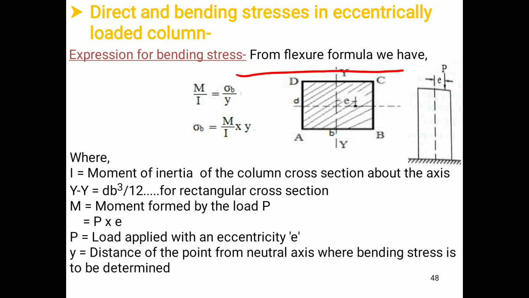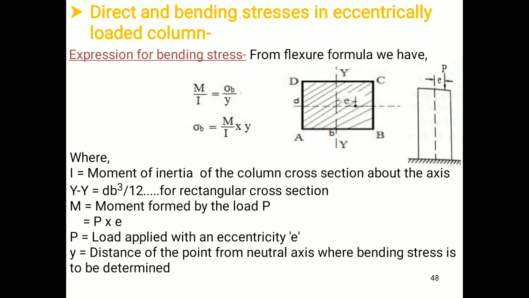From the flexural formula we have M upon I equal to sigma by y. In this case we denote it by sigma B, the bending stress, which is equal to M upon I into y.